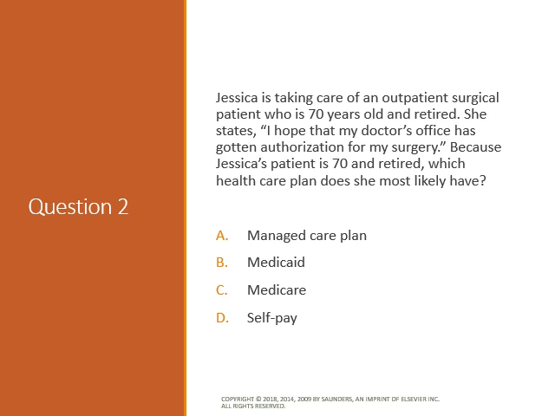Please consider your response for this question. Jessica's patient most likely has Medicare. Because she is 70 and retired, she would have Medicare, which is medical coverage provided through the Social Security Administration.